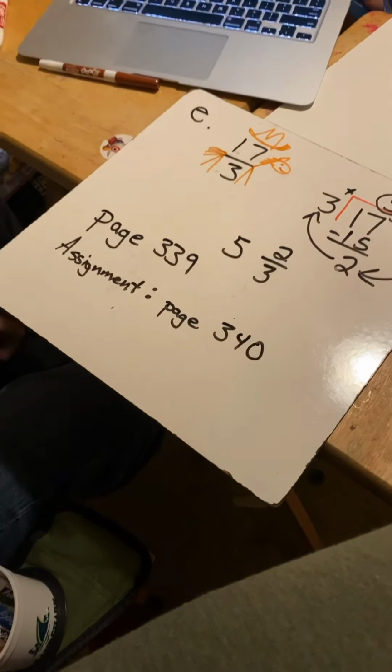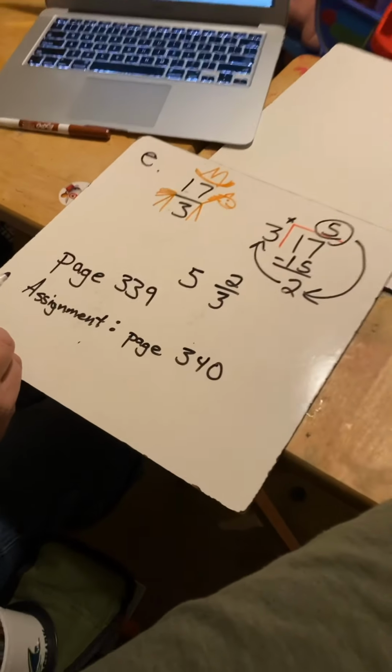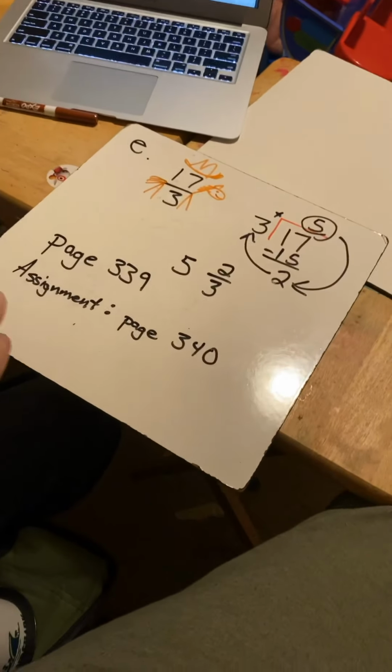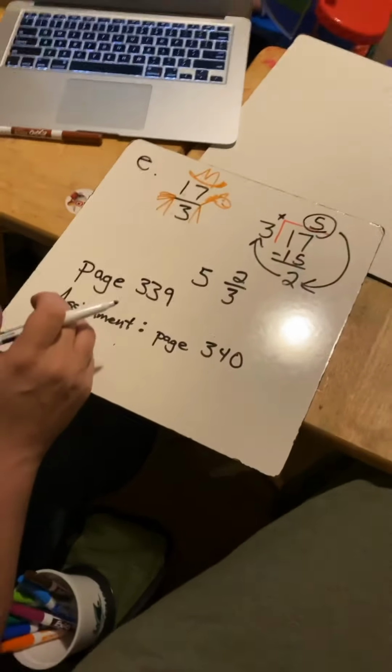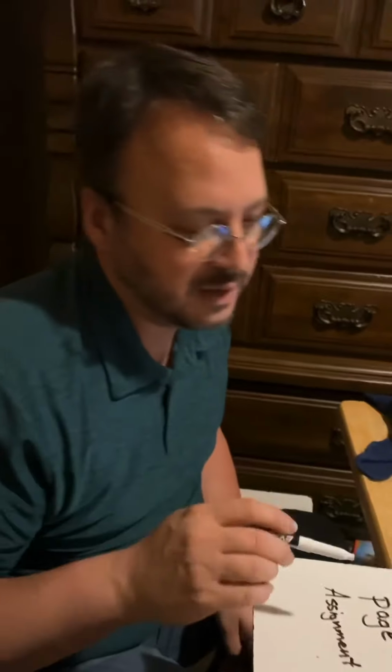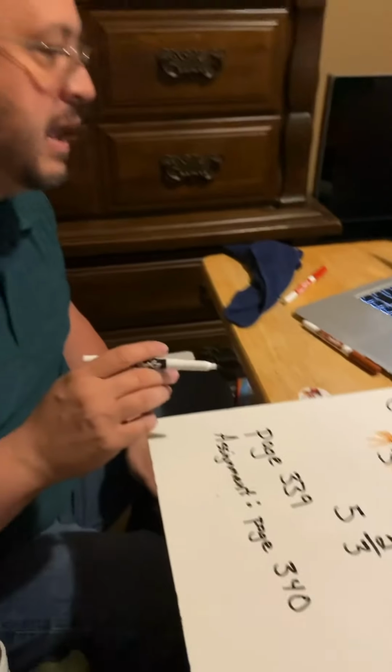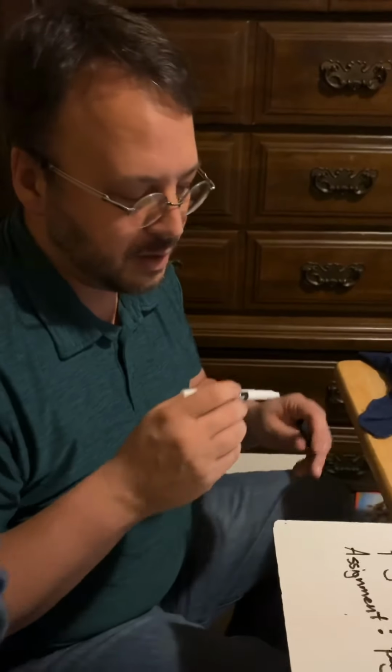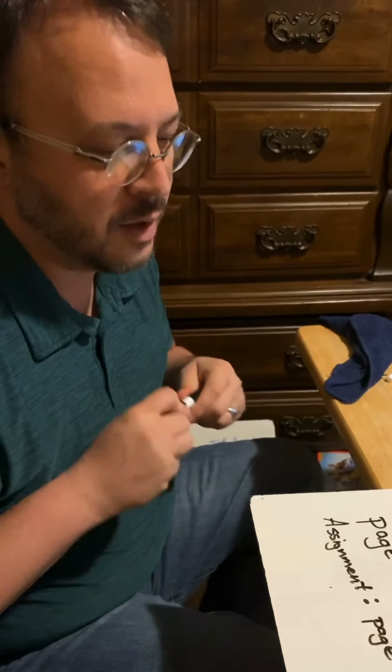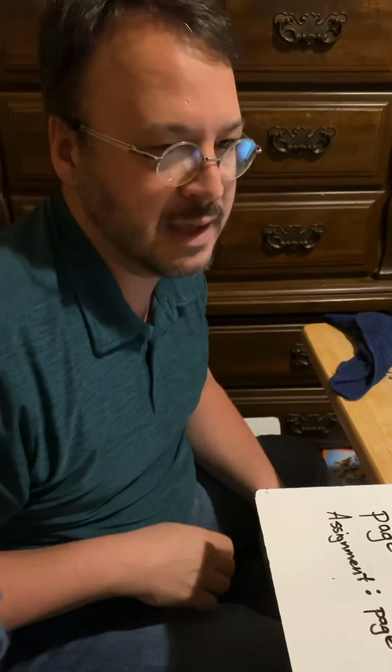You can use either the number line method or the cowboy way, and you just solve it. All I want to see is you change these improper fractions to mixed numbers. That will be all. And I hope everyone has a wonderful day. Thanks and bye.